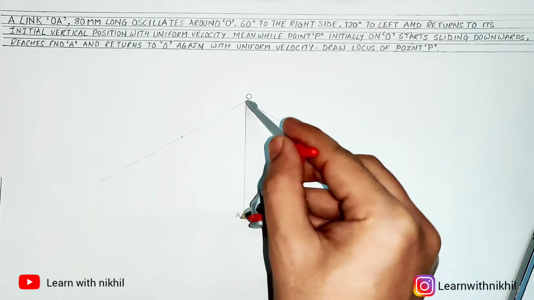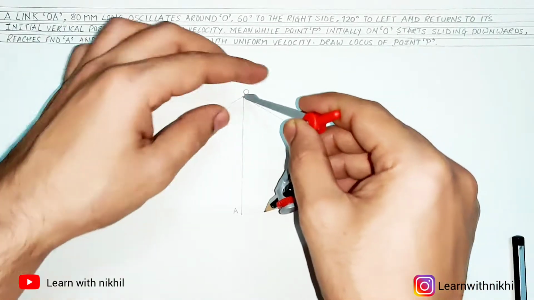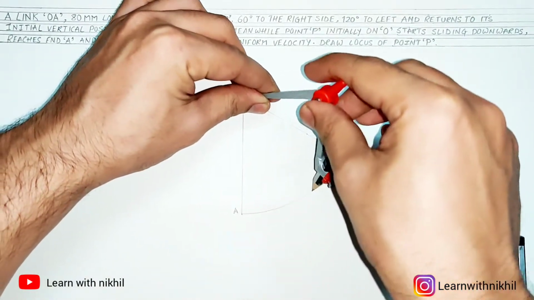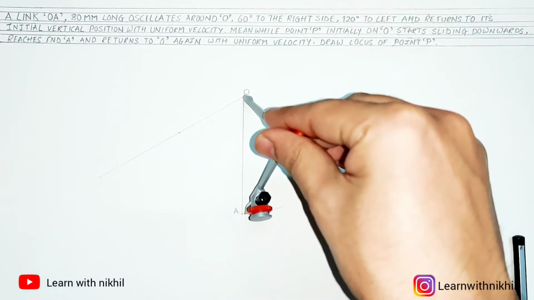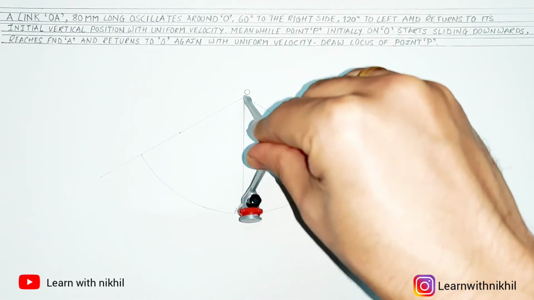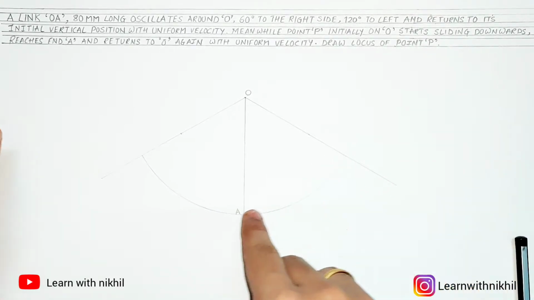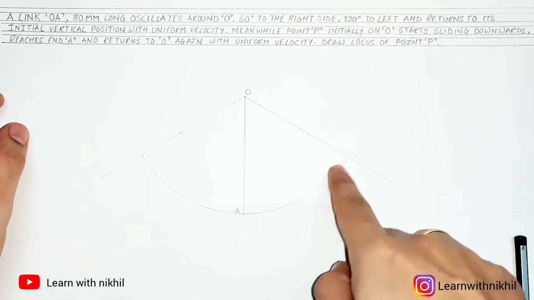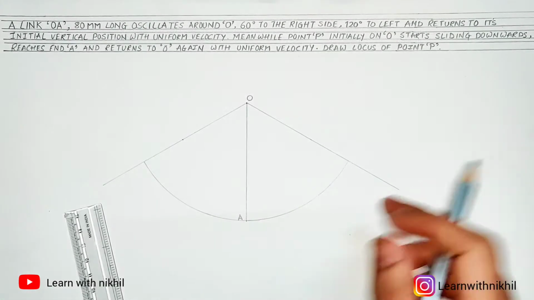So it starts from A, so moves 60 degree to the left side. So this will be the locus at start. Then it moves 120 degree to the right side. So this will be the locus and then it comes back. So this is the position or the movement.